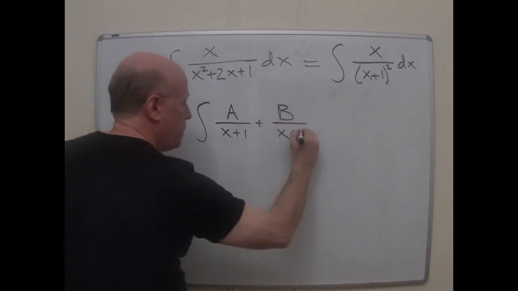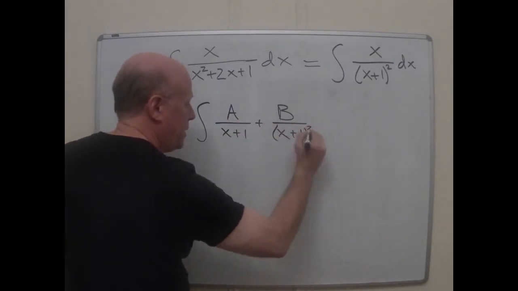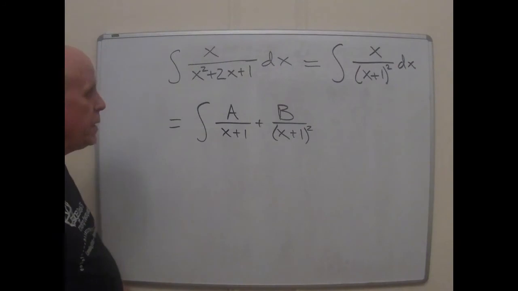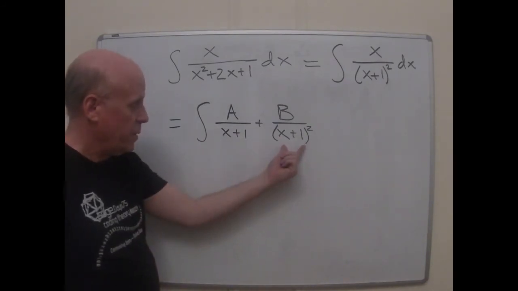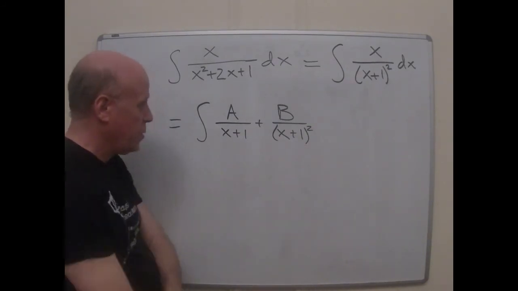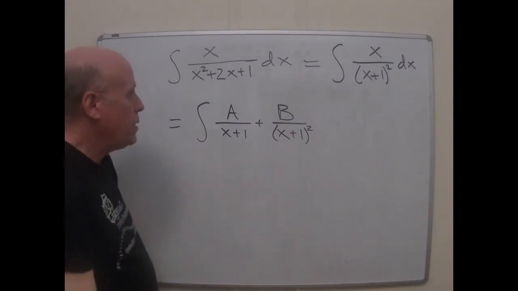Now in the textbook they call these A1 and A2, but I think it's a little easier to call them A and B if we know how many of them there are. They were trying to deal with the case where you might have m different copies because the power of the number of repeated copies of x minus the root was large. All right, but we'll have something like this.